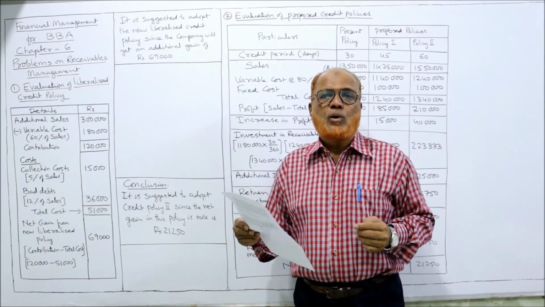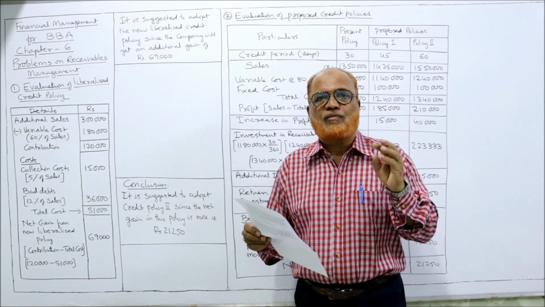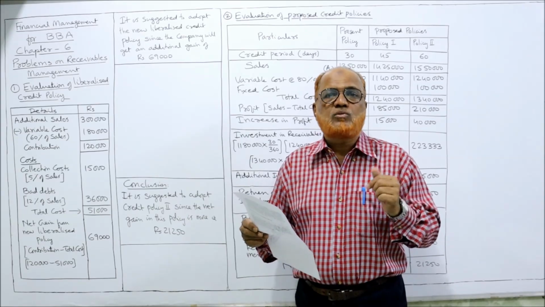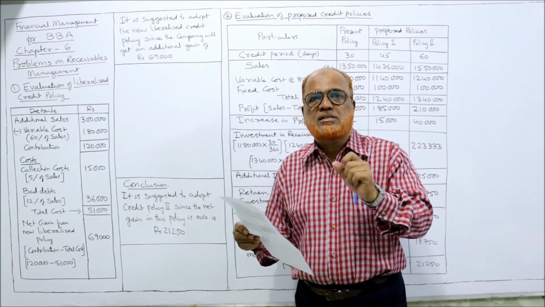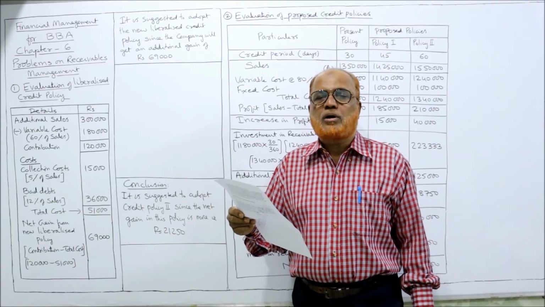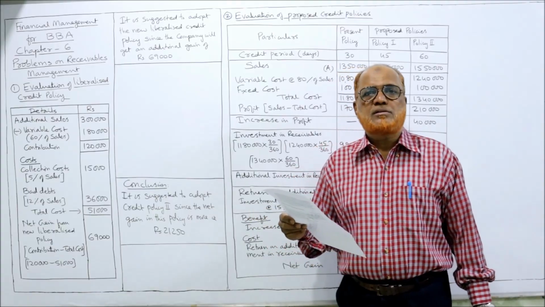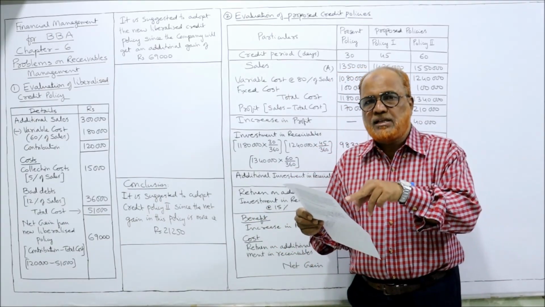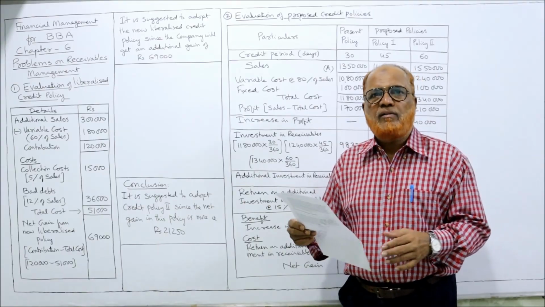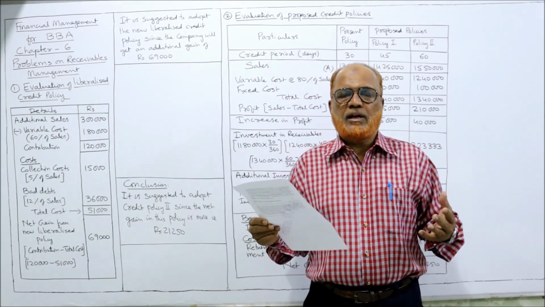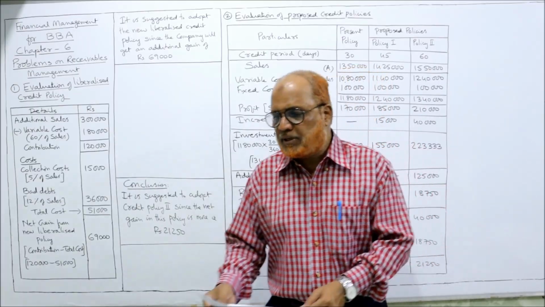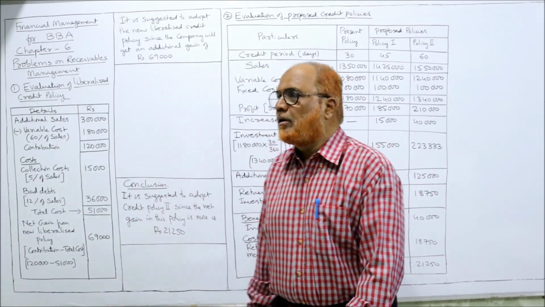One cost is the collection cost of 5% we have to incur, and 12% is the bad debts we have to bear if we extend the credit period. Will the company benefit from the new credit policy? The problem is we have to evaluate whether there is a benefit from this new credit policy. Now we evaluate. We'll see whether we get a net loss or net gain by adopting this new policy.